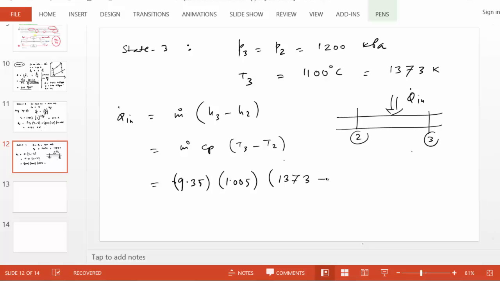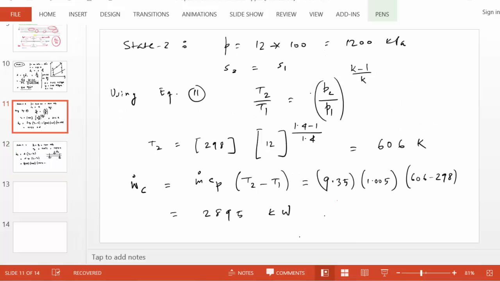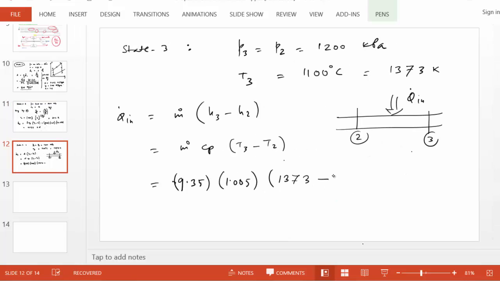And T2, we calculated T2 already, 606. Oops, lost the pen again. And Q dot in turns out to be 7206.